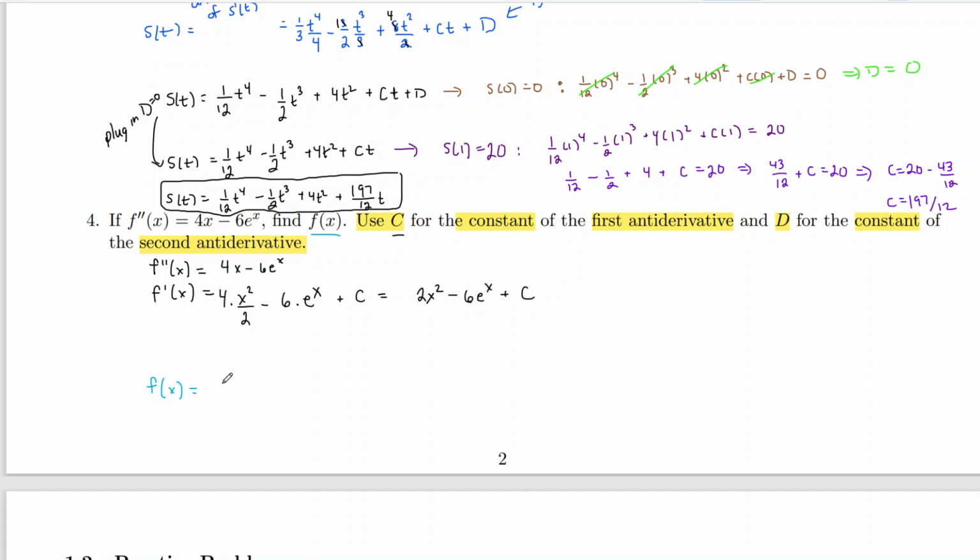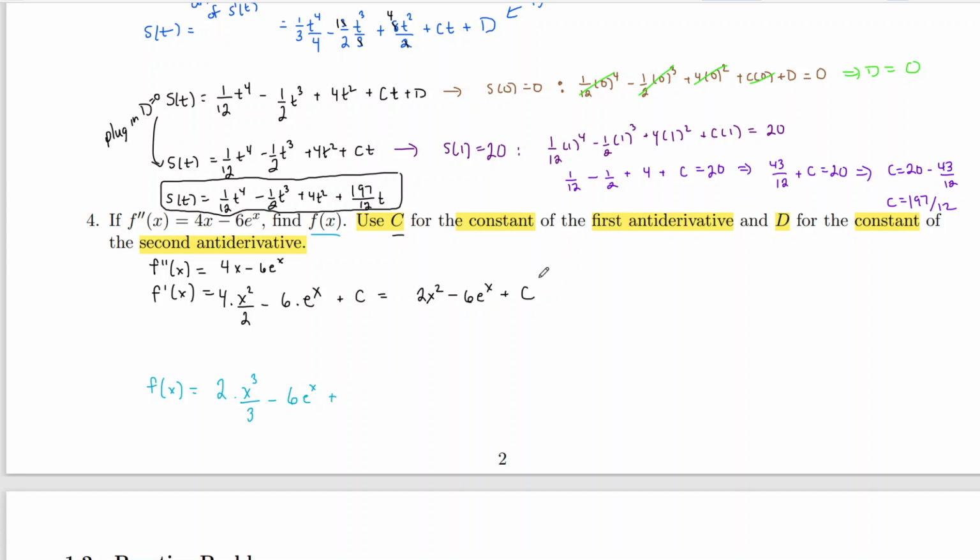Now, when we do this, the 2 stays put. The antiderivative of x squared, we add 1 to the power, we get x cubed, and we divide by 3. Minus 6, and the antiderivative of e to the x is, once again, e to the x. So that's pretty much always going to say e to the x, even if you do 100 antiderivatives.